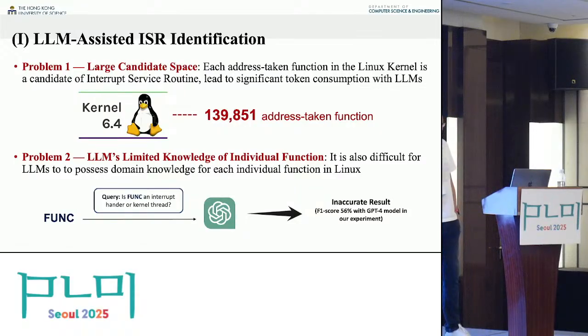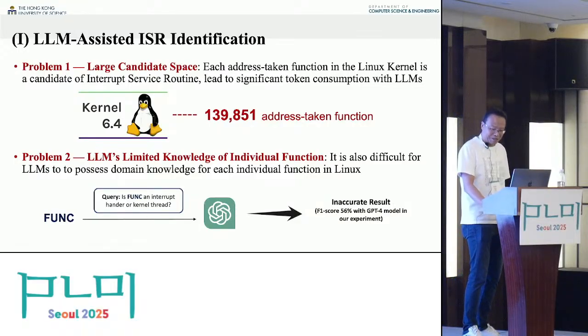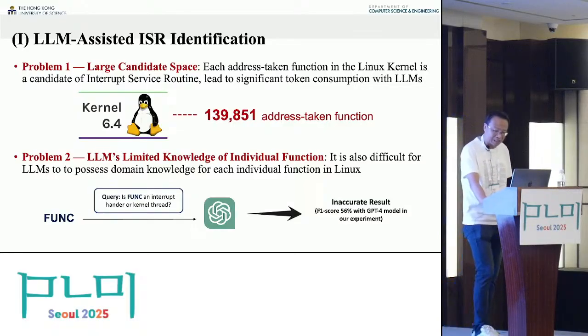Naively, we would feed the name of the function to the LLM and ask if this is an interrupt handler or not. It turns out that this is a very terrible choice. It has roughly no idea how to answer the question. So, 56% accuracy.